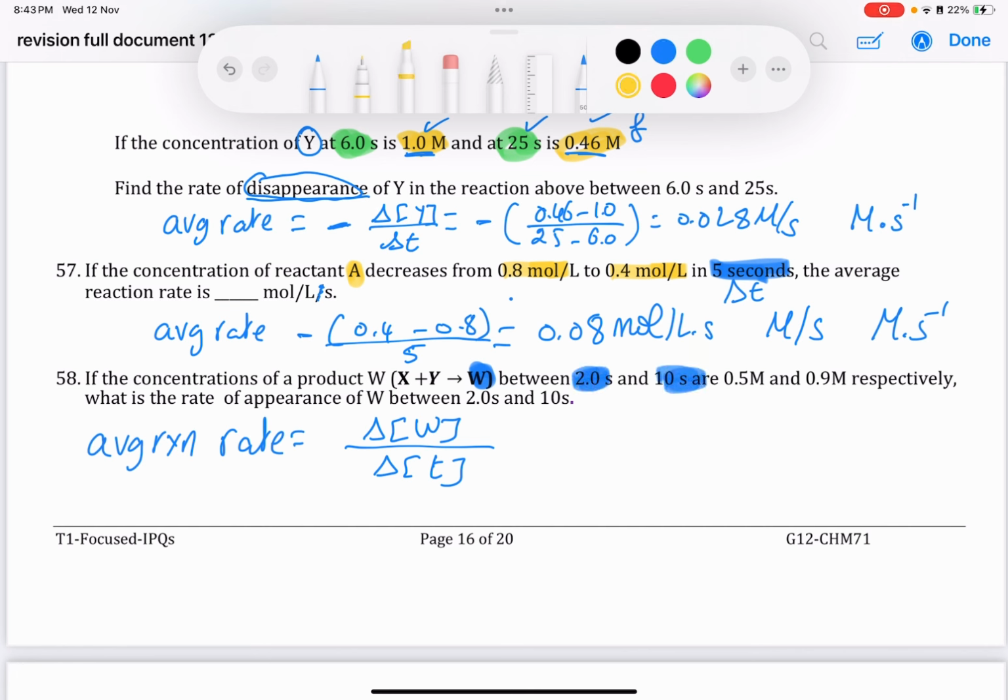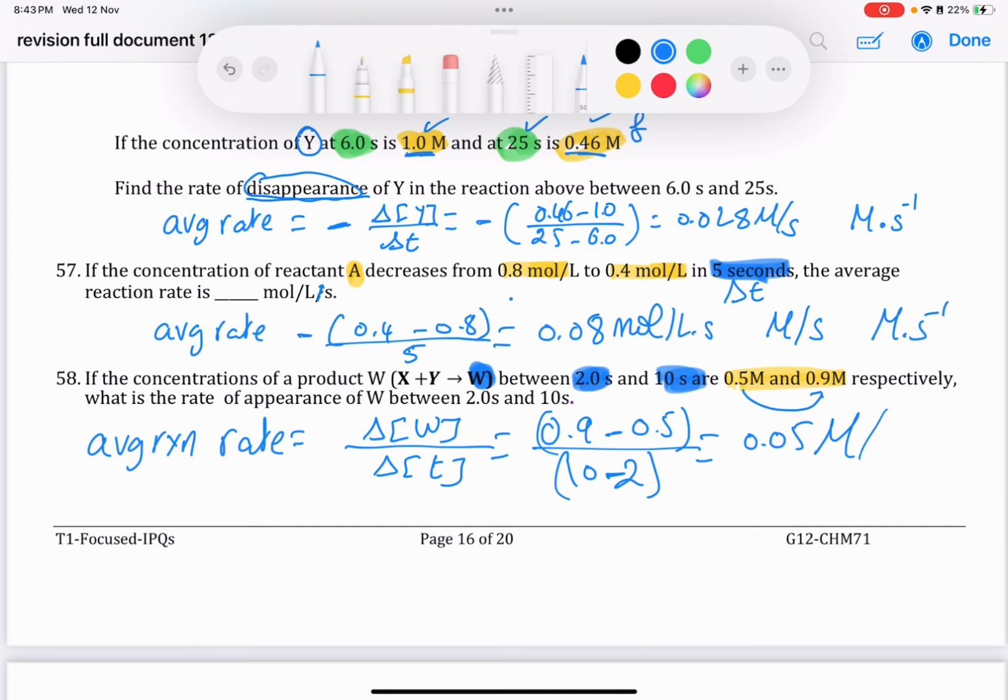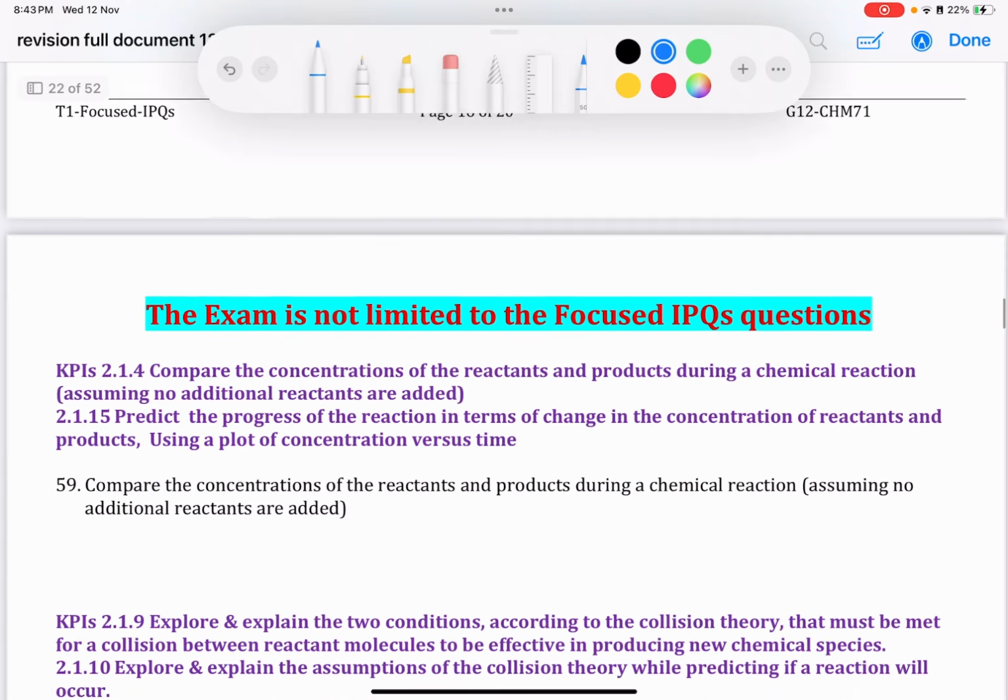The concentrations are 0.5 and 0.9. Look at the concentration, it is increasing. So definitely this is a product. Final minus initial, and this is 10 minus 2. So the final answer is going to be 0.05 molar per second.